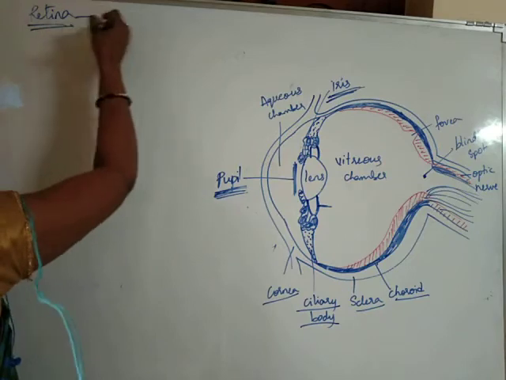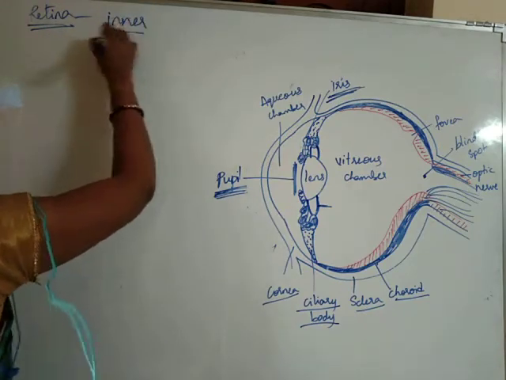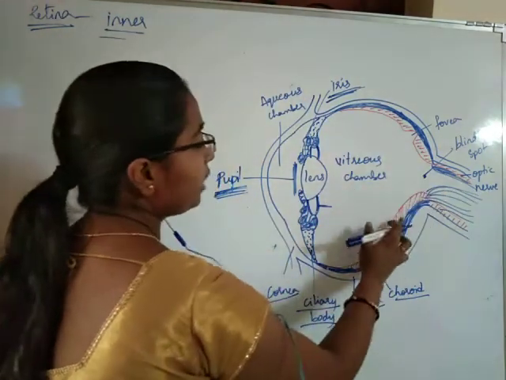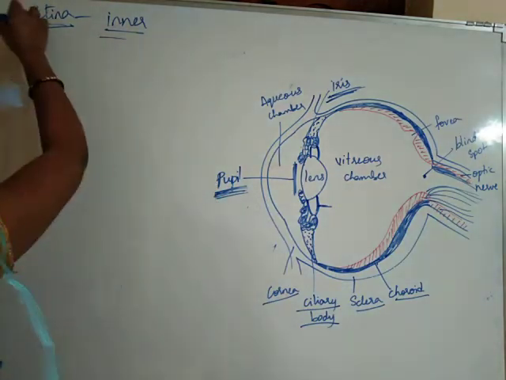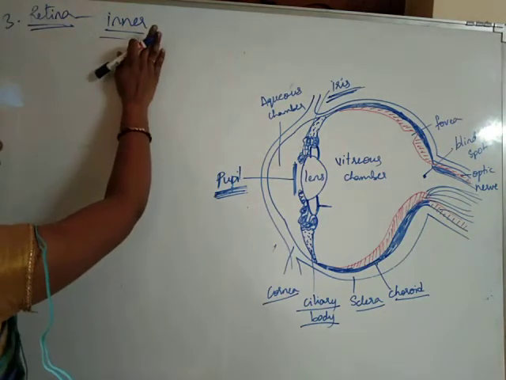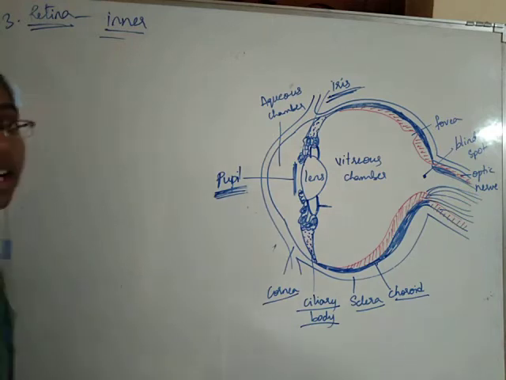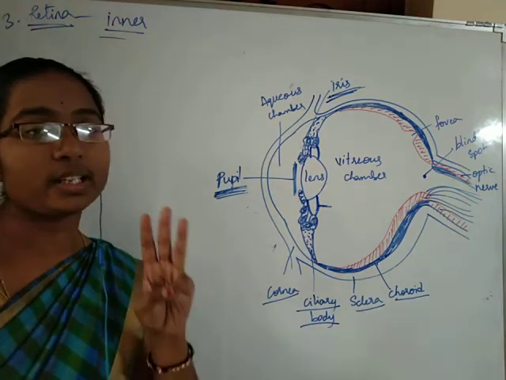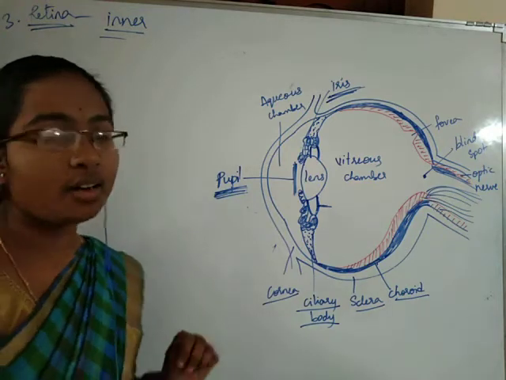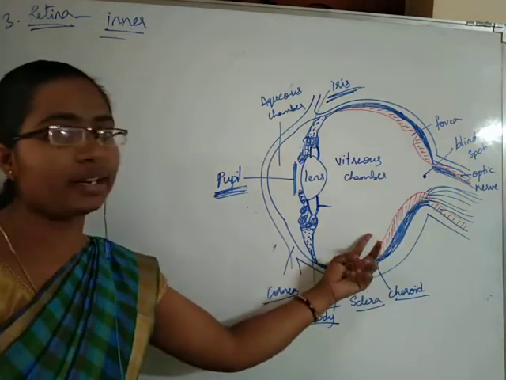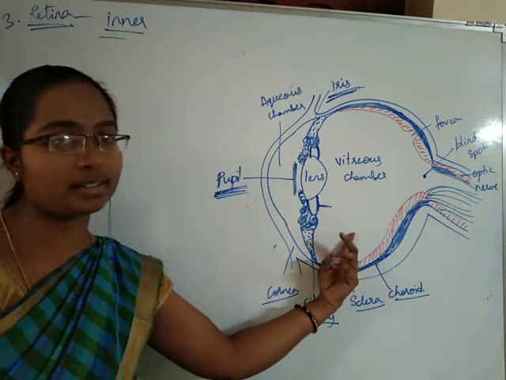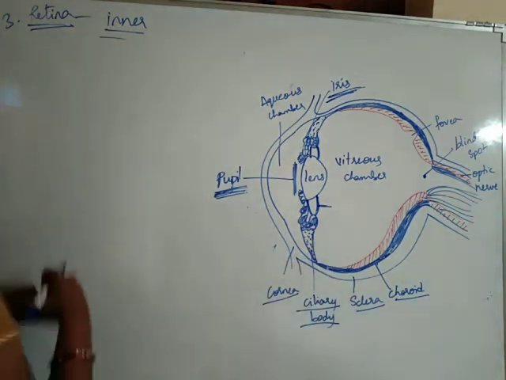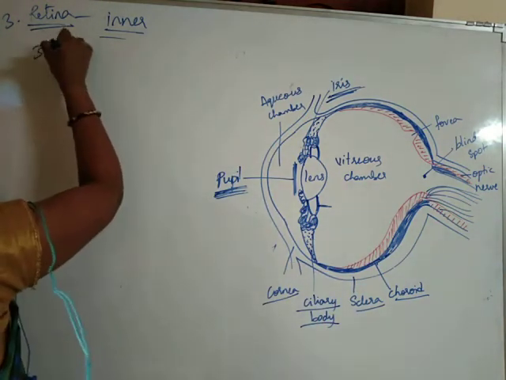The innermost region, I have indicated it using red color. It is the innermost layer, the third layer in the eyeball. The retina consists of 3 types of cells. From the inner side to the outer side, that means from the choroid towards the outer side, let us study.